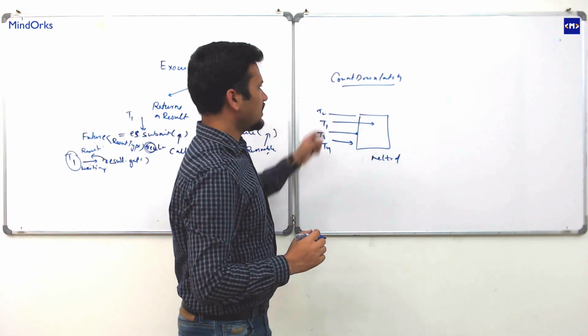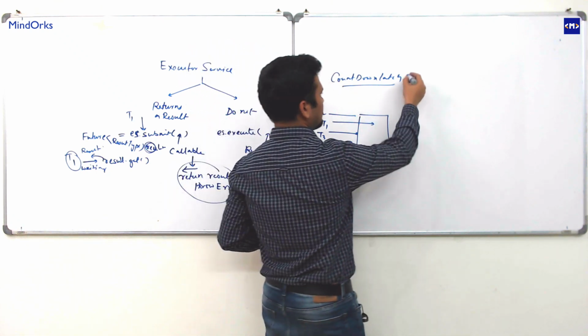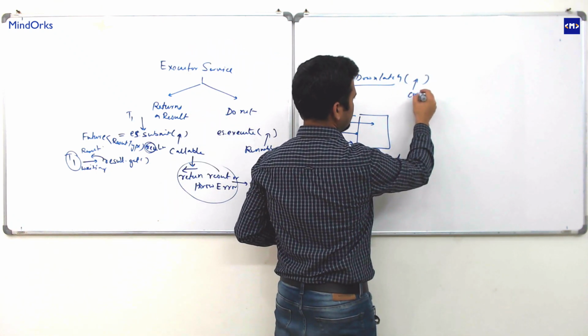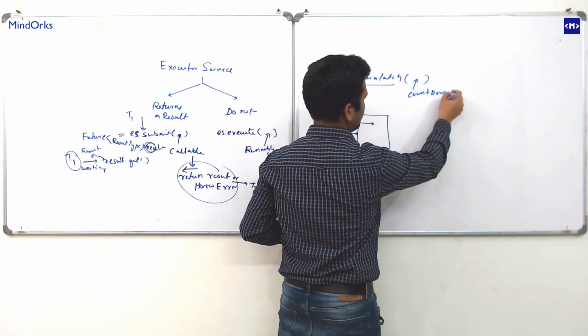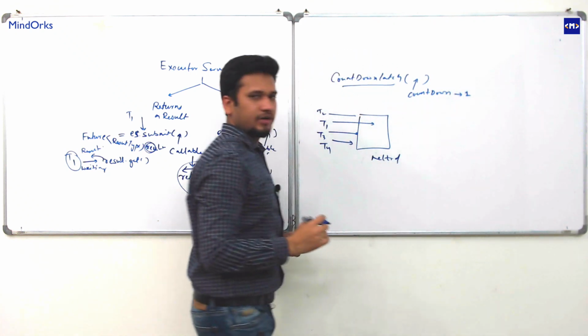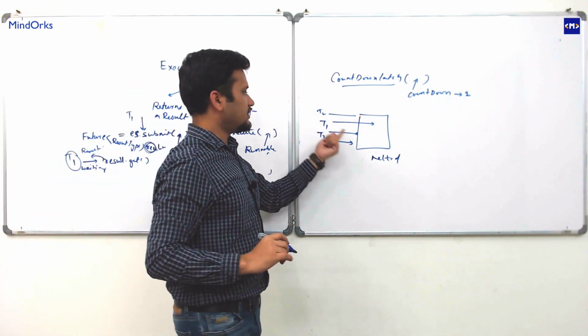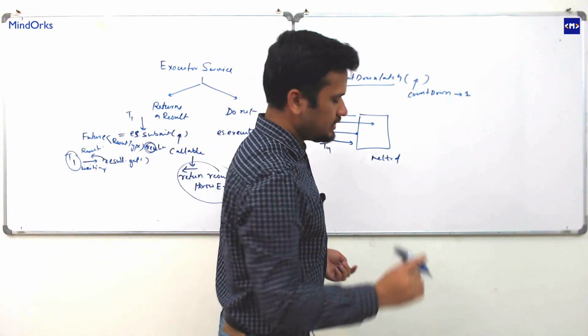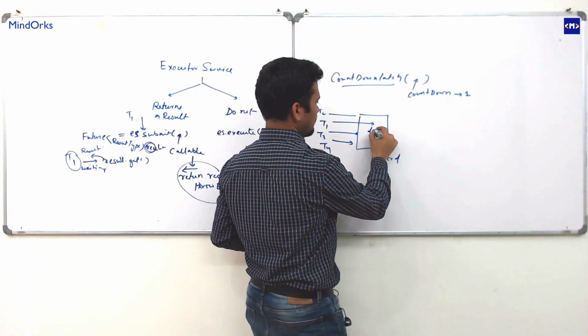When you create a CountDownLatch, you define the countdown, for example, countdown 1. So when one thread enters this method, for example, it calls latch.